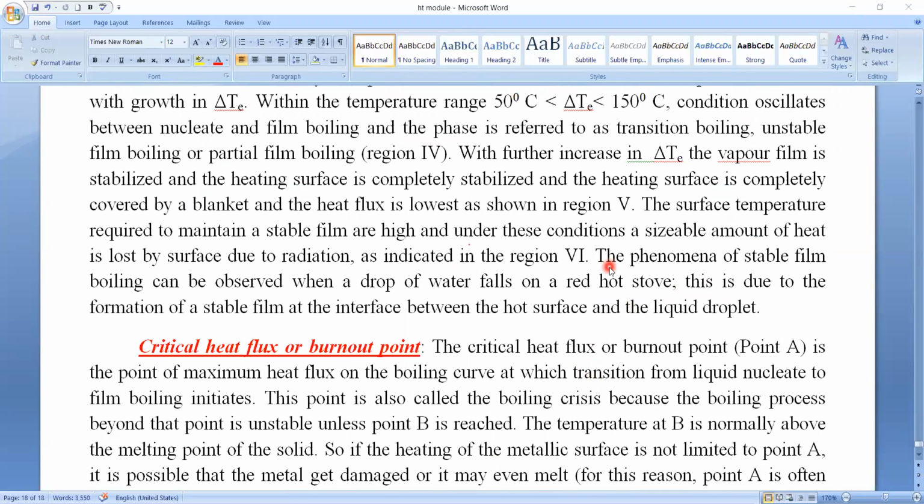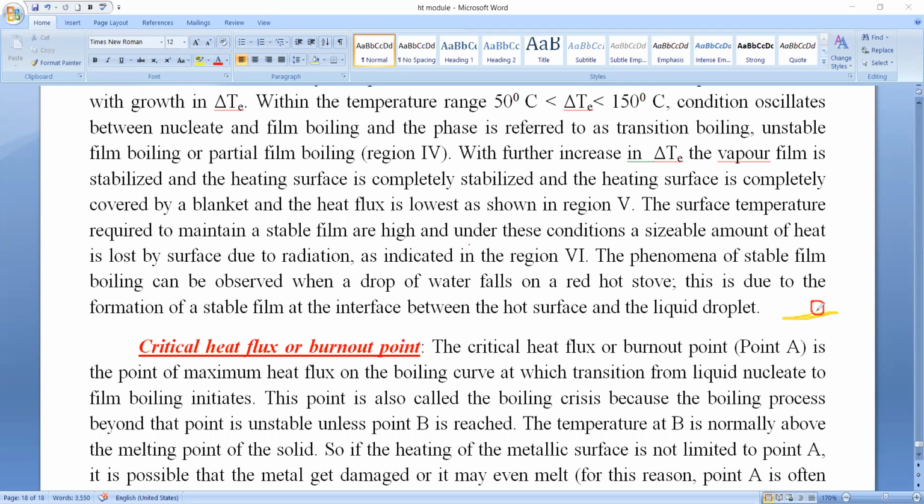The phenomenon of stable film boiling can be observed when a drop of water falls on a red hot stove. This is due to the formation of a stable film at the interface between the hot surface and the liquid droplet. If you take a droplet of water and consider a red hot plate, a red hot stove, and drop a liquid droplet on it, this droplet will dance first.